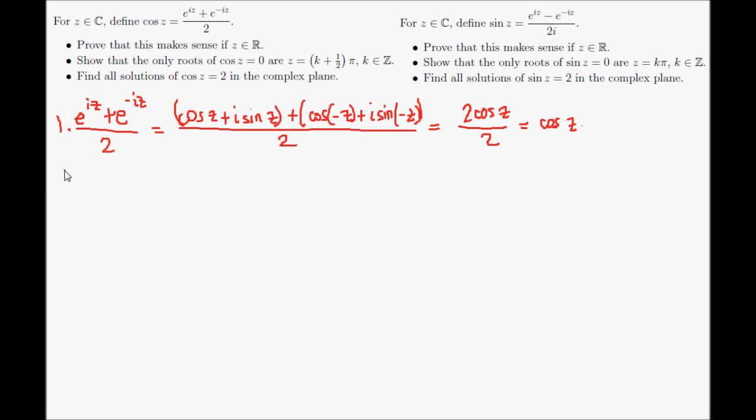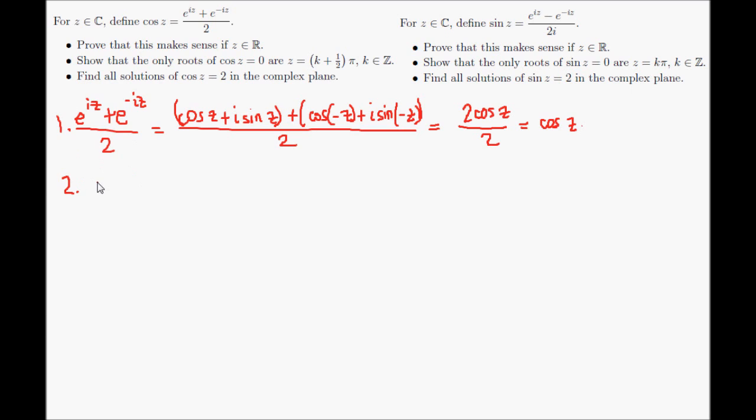Secondly, let's show that the only real roots of cosine of z equals 0 are the ones we'd expect. We know full well that if z is a real number, then these are the only places where cosine of x is equal to 0. Let's now show the same is true if we extend to complex numbers.